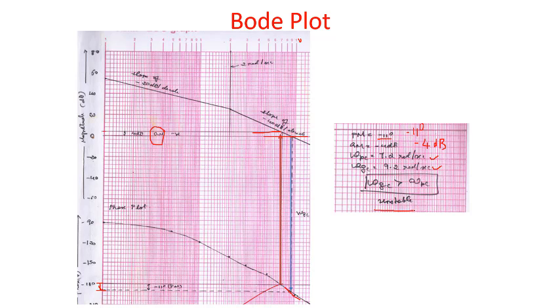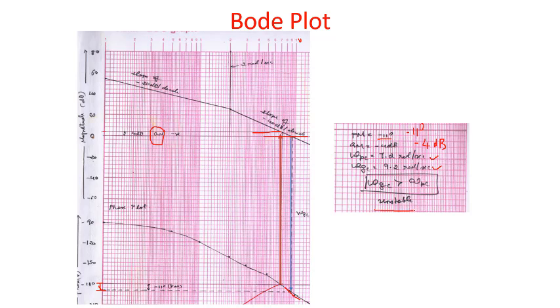So this has to be commented on the graph sheet, or a comment given for this particular problem. Means if we want to bring it to stability, the gain margin has to be reduced by 4 dB, and the phase angle has to be reduced by 11 degrees.